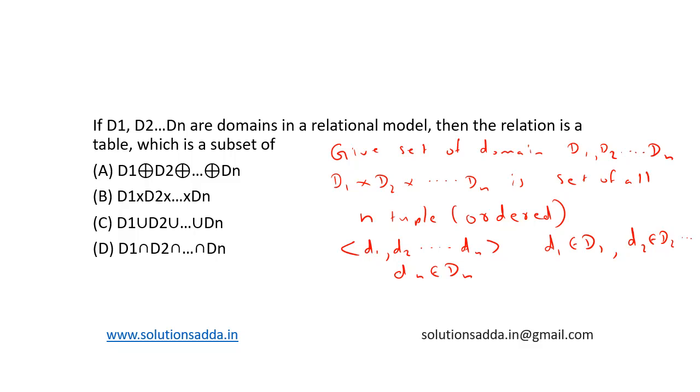So the mathematical relation on D1, D2, Dn is a subset of the Cartesian product D1 cross D2 cross etc.